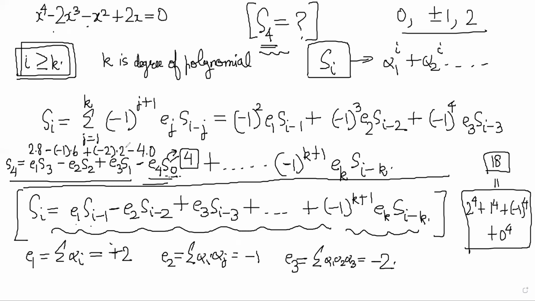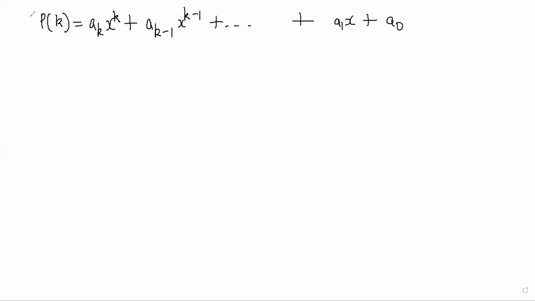So I'll just summarize for an nth degree polynomial, or kth degree polynomial in our case, right? So P of x is equal to ak x power k plus ak minus 1 x power k minus 1 and so on till a1x plus a0, right? This is my polynomial. Now you should know what E1, E2 are.